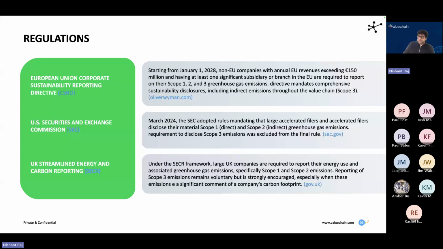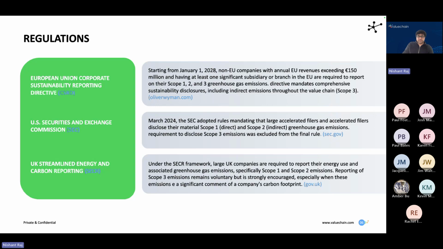We look at the US as well, and the UK, and each of the countries are starting to drive their own frameworks and assessments. And while at this stage scope 3 to a certain extent still remains voluntary, it's key for businesses to separate themselves by starting to champion that, because this is not something that you can strategize and solve quickly.